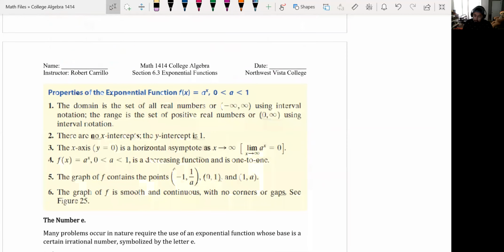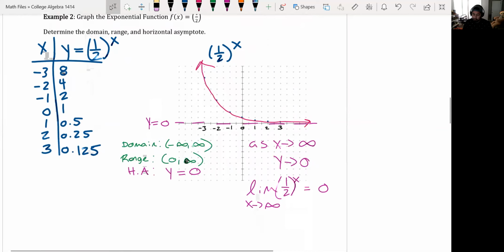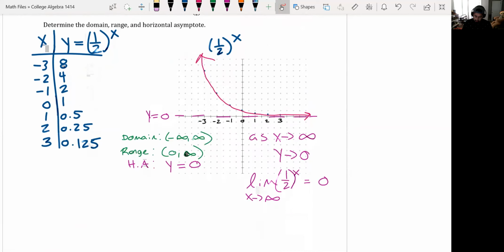Okay. If the base is between 0 and 1, it's an all decreasing function and still 1 to 1. This function is all decreasing. And if you draw a line through it, you only intersect it once, which means we're 1 to 1.